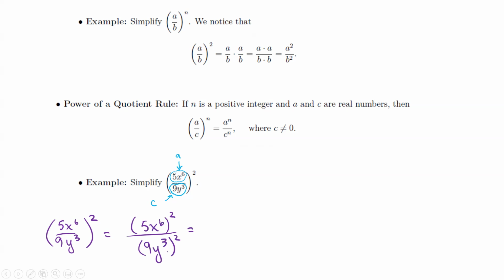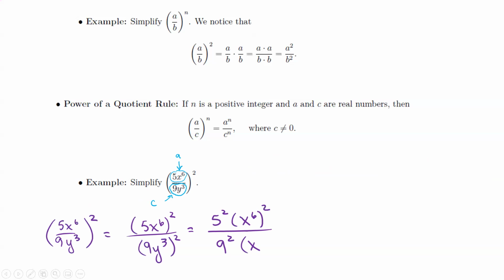But then my next step in this process is to use the rule from the previous page. I'm multiplying 5 times x to the sixth, so I know that it's okay for me to put the exponent of 2 on each of those individually and on each of these individually.